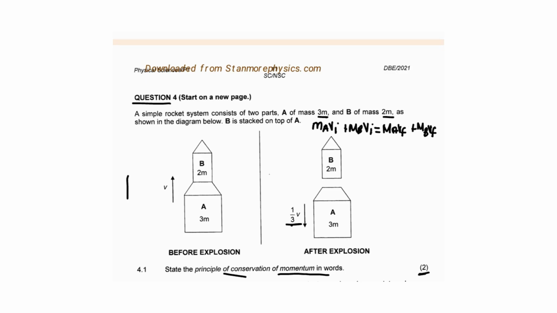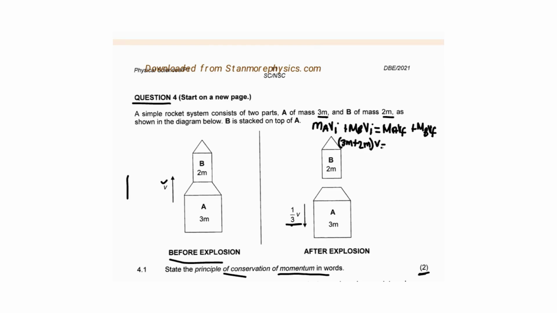Because A and B, before explosion, were stacked together, their masses can be added. So the mass of A was 3m, and remember, guys, the m is not a unit, it's just part of the mass, 3m, and the mass of B is 2m. And then they were moving with velocity V.